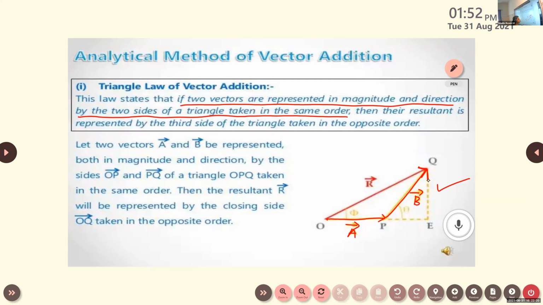Then the resultant vector will be the third side of the triangle, but taken in the opposite order. Instead of following tail to head, it follows head to tail arrangement. That is why we say the resultant vector represents the third side of the triangle taken in the opposite order. It is not taken in the same order, it is taken in the opposite order.